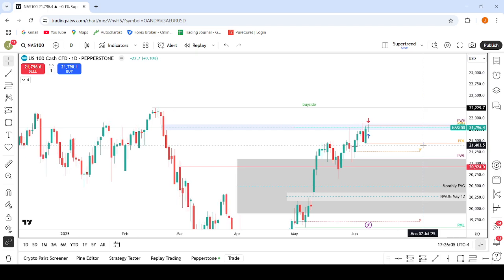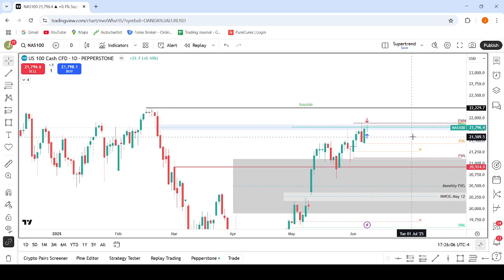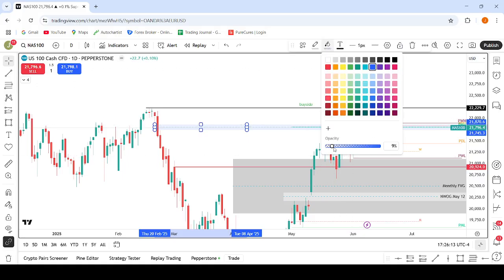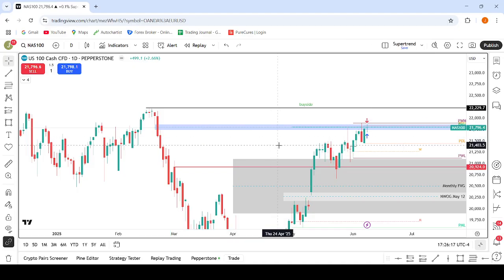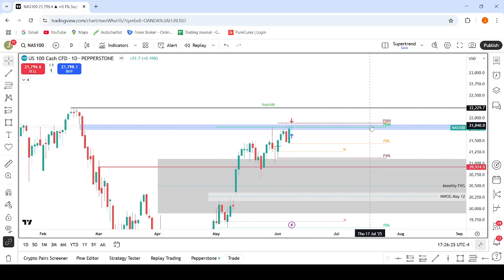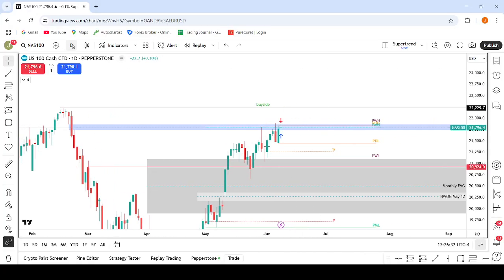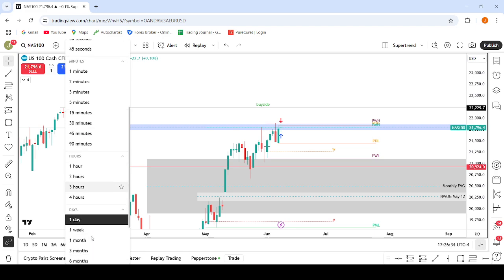Previous week's high. It's something that I'm not seeing that was on my chart before. Just double check.